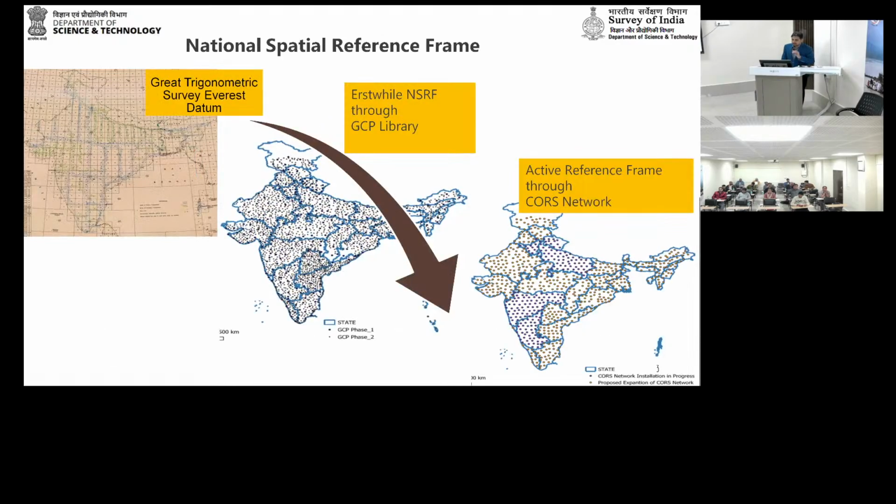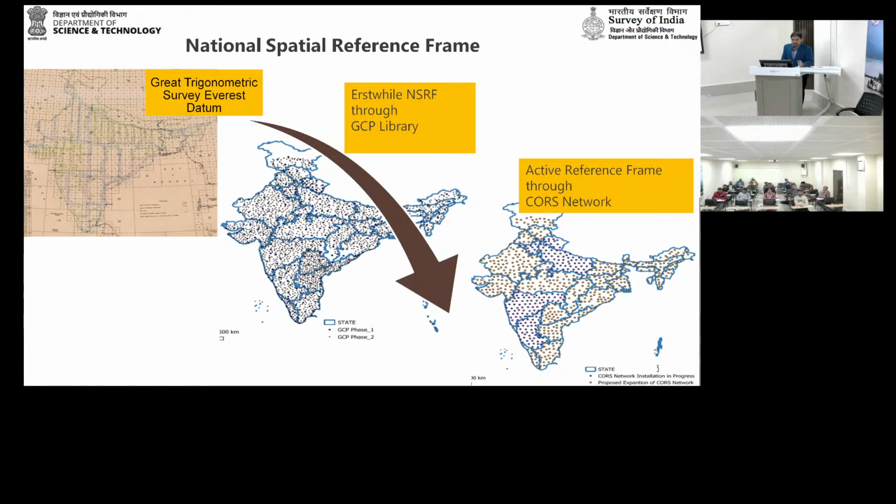Now we come to the National Spatial Reference Frame. Previously we were providing the reference frame with the help of the GTS. This survey started in 1802 by our Surveyor General Sir William Lambton.